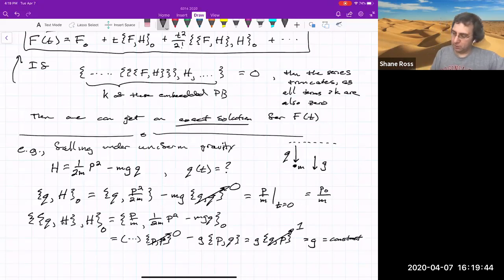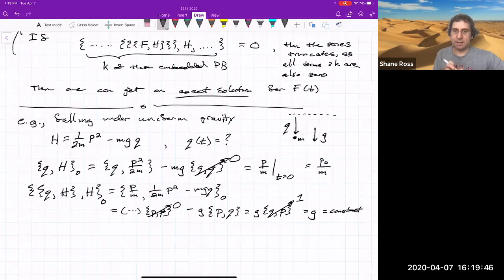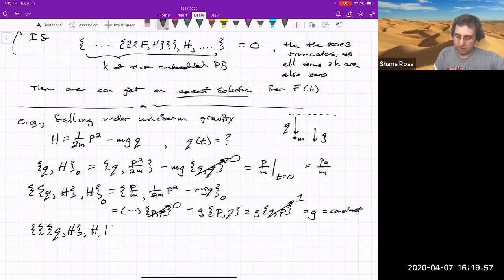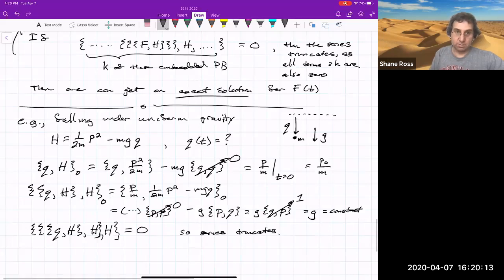And then because we know that's a constant, any higher order term is going to be 0. So the Poisson bracket of the Poisson bracket of the Poisson bracket of q, h, with h, with h. There's like embedded bracket things going on there. Okay, that will equal 0. So the series truncates. And we get an exact solution.